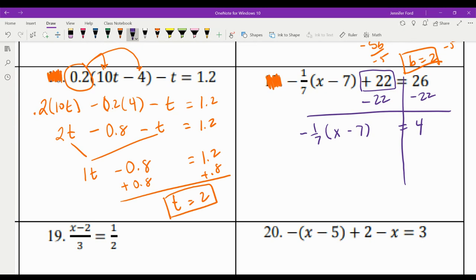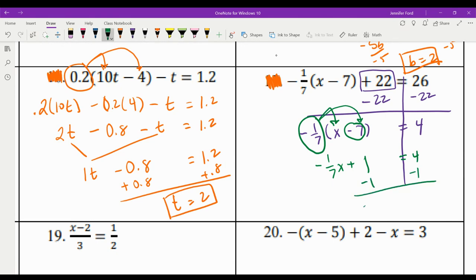I'm going to go ahead and use distributive property. Negative 1/7 times x is negative 1/7 x. Remember, negative times a negative is a positive, so it's going to be plus 7/7, which is plus 1, equals 4.